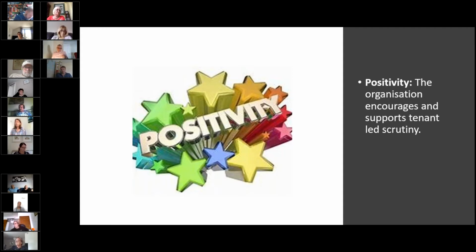So some of you may be thinking about your organisations now and thinking, yeah, absolutely, they welcome scrutiny. They know what we do, they know that it's positive and it delivers change. Others may be thinking we've got a little bit of work to do around that. So think about how you can get your organisation to support you, and there are lots of different ways of doing that. I've known groups of tenant scrutineers who've met with senior management informally.